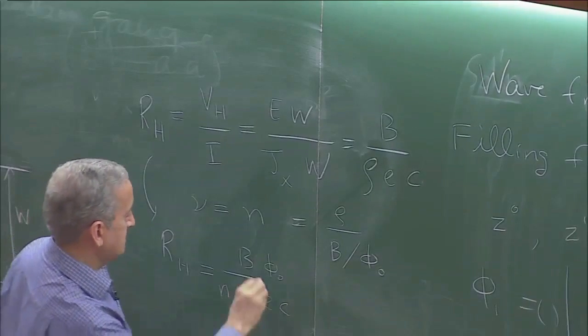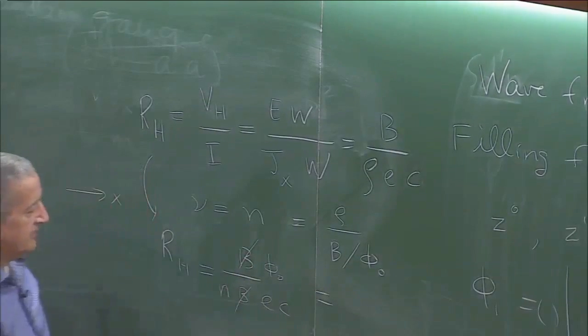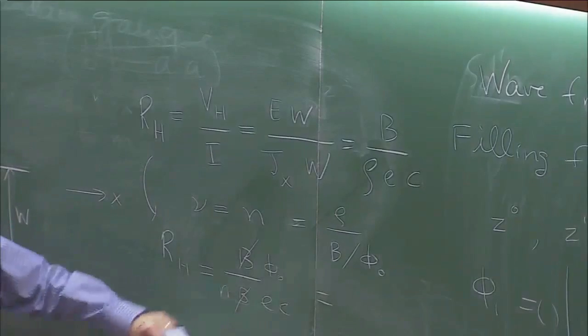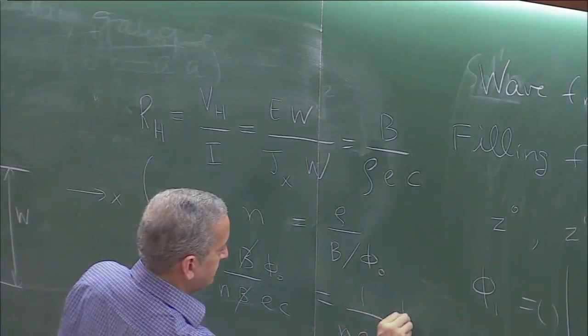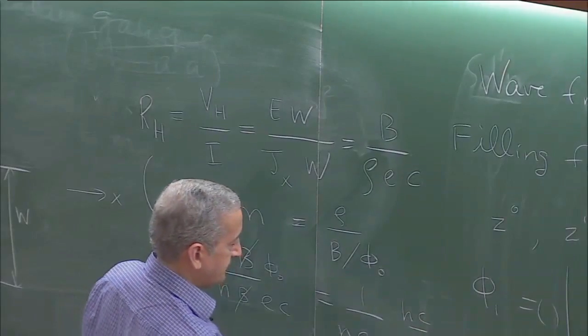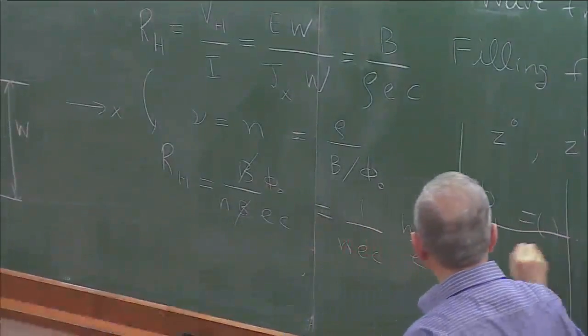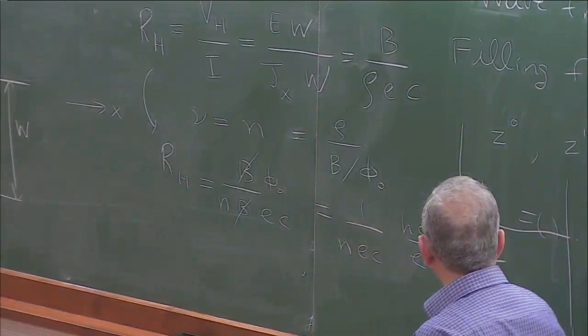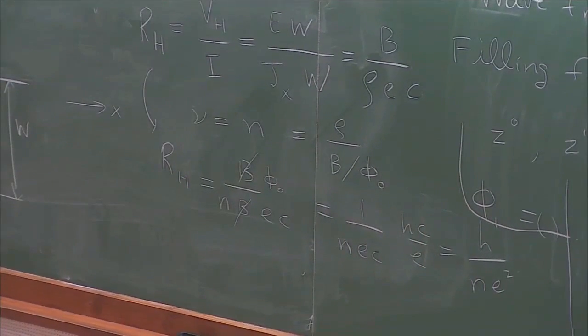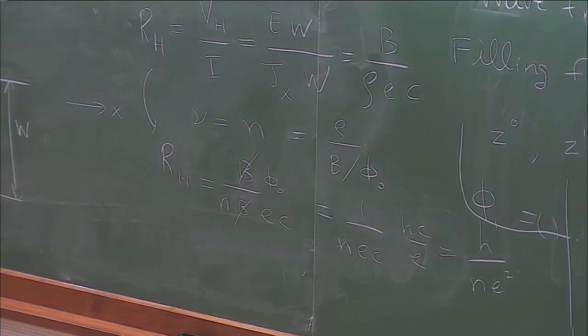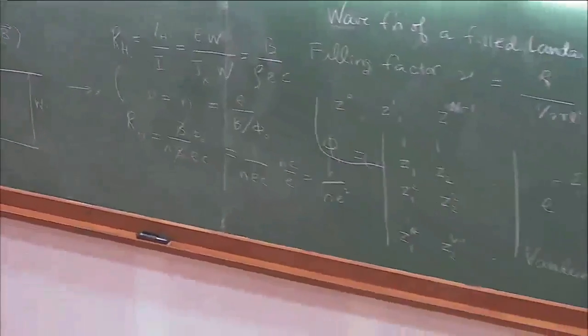D cancels out, and phi naught is HC over E. So this gives me H over N E squared. Okay, so if I take the filling factor to be an integer, I find that the Hall resistance is equal to H over that integer times E squared.